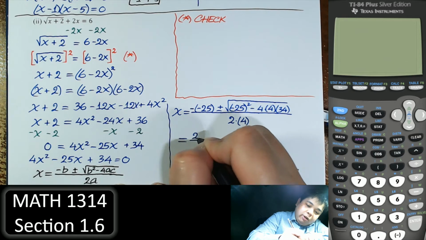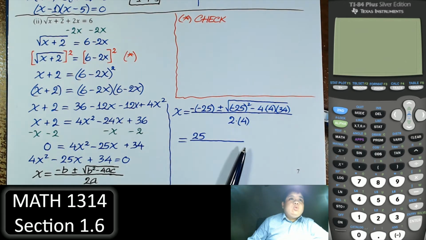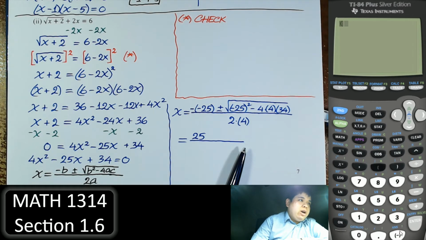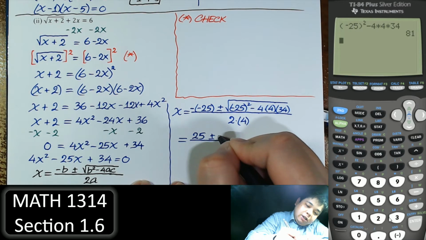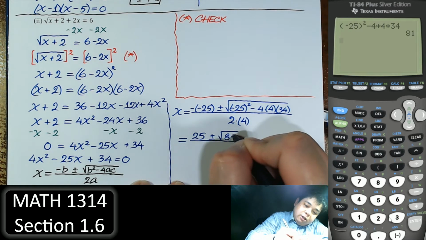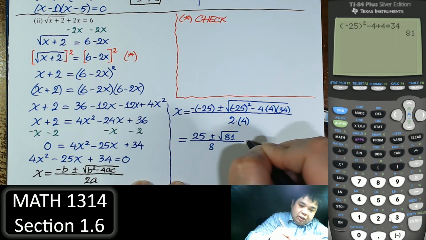So inside the square root we have negative 25 squared, or just 25 squared, doesn't matter. Minus 4 times 4 times 34, 81. So plus or minus the square root of 81 divided by 8.